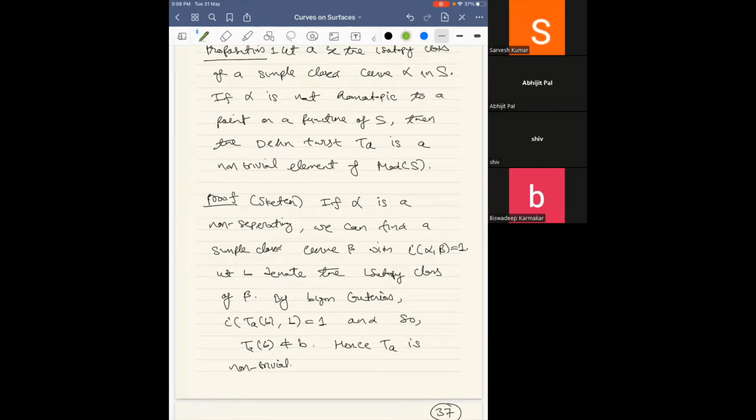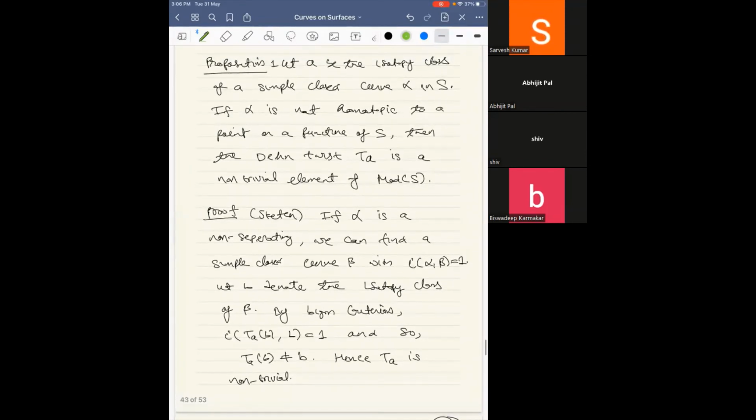What do you mean by a non-trivial element? That it is not the identity element. An identity element has trivial action on all simple closed curves. If you can produce that the action of this TA on some curve is non-trivial, then you are done. So let's sketch it in the case when alpha is non-separating.